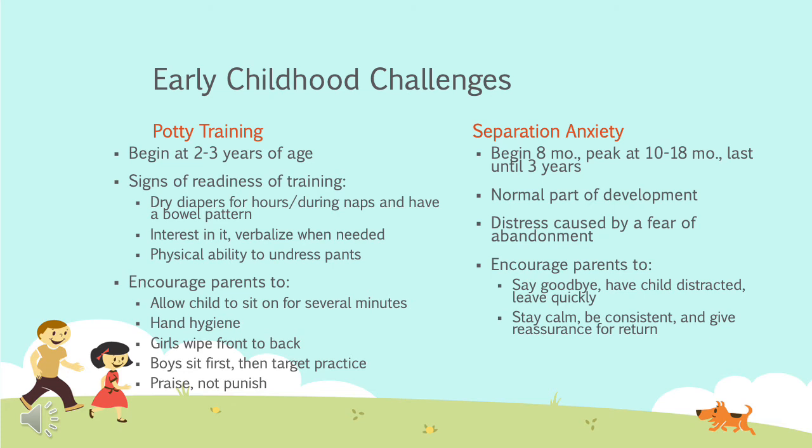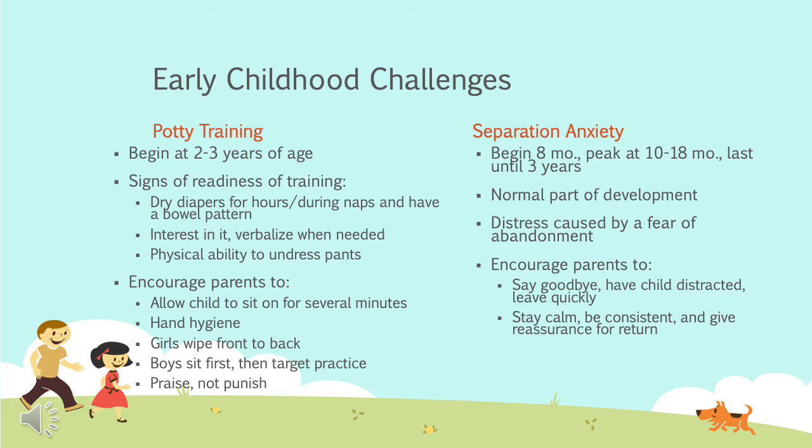And parents who are potty training should have clothes that are appropriate for them to use themselves. You can encourage parents to allow the child to sit on the potty for several minutes at a time. Have them start good hand hygiene. Instruct girls to wipe from front to back to avoid UTIs.